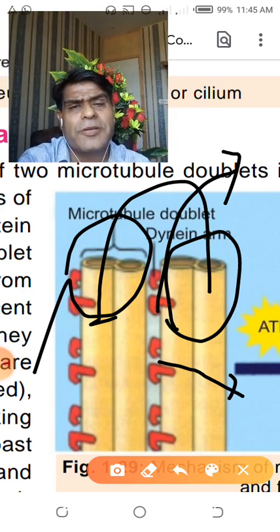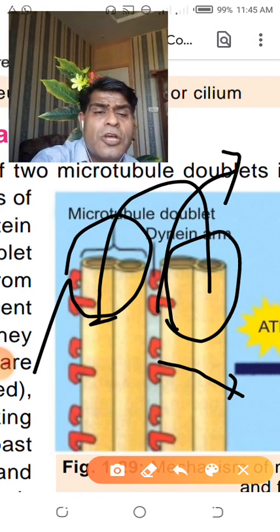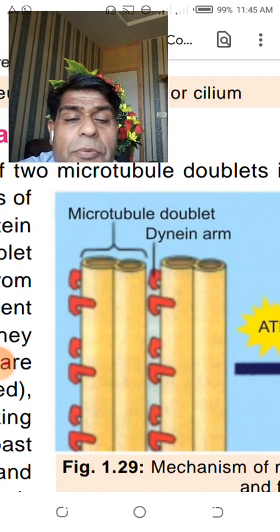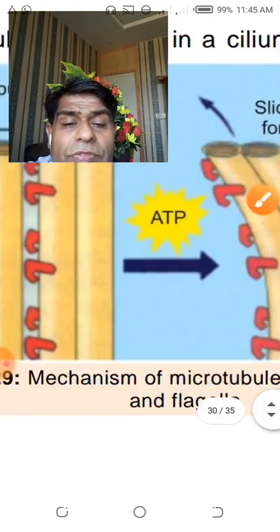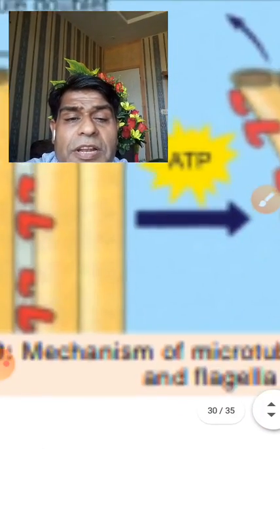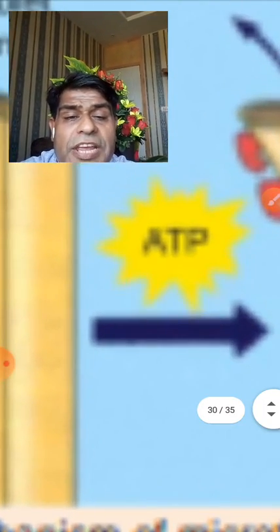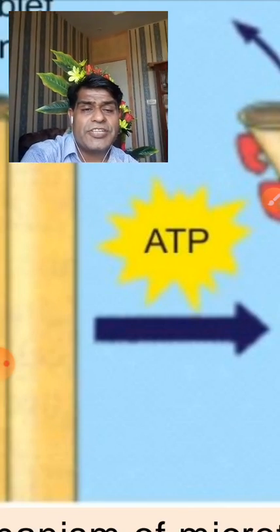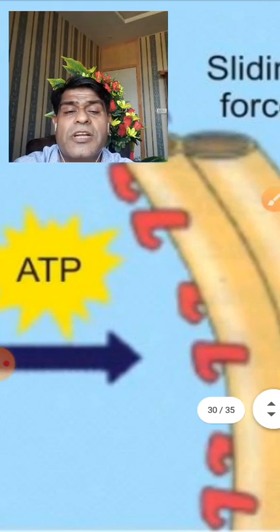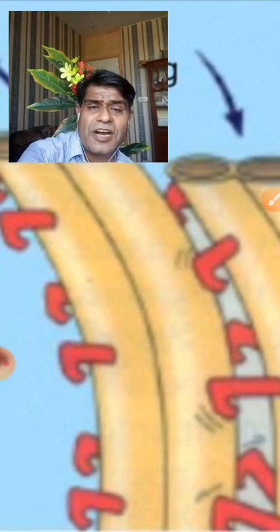So ATP will provide energy by reacting with water. And what happened in this figure? The cilia bend due to the dynein arms, because the dynein arms got the energy, and so the cilium bends.